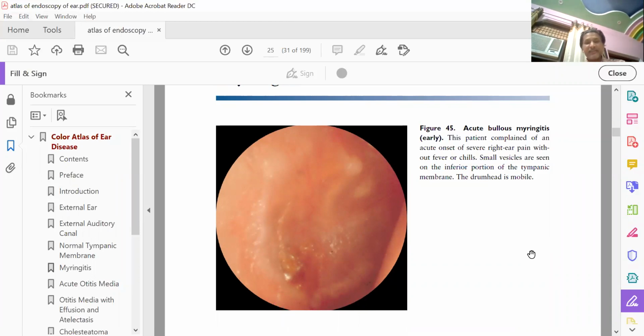The viral type is usually a viral illness, and there is formation of multiple vesicles and ruptures, and tympanic membrane crust, and usually there are no changes in the middle layer as such.